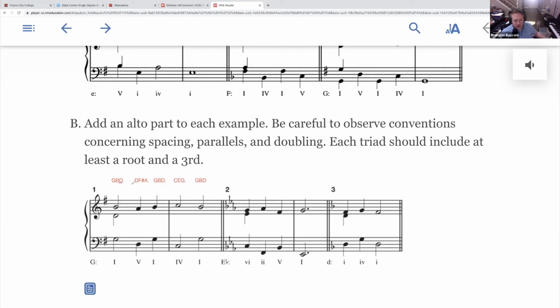We do have common tones between every chord, but that doesn't mean we have to use them. What would you like to do?